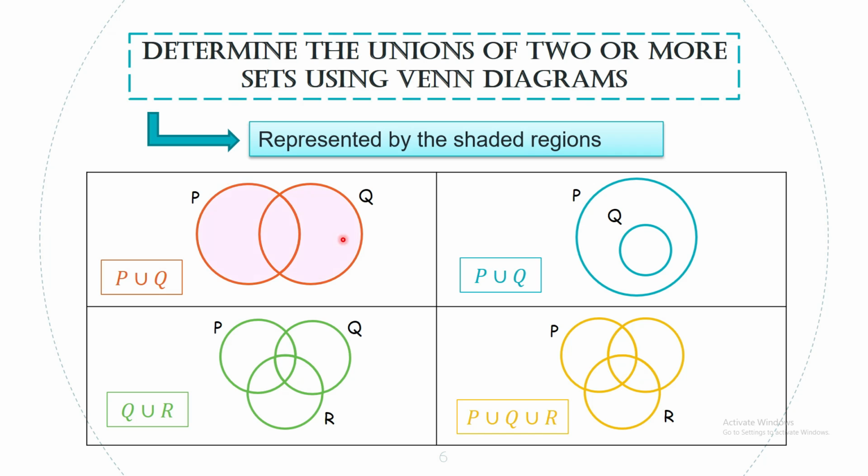This is the shaded region of the union for set P union set Q.